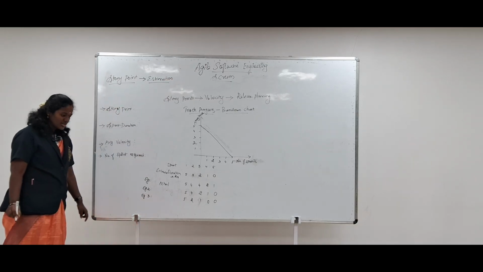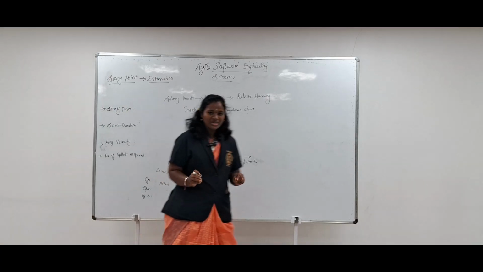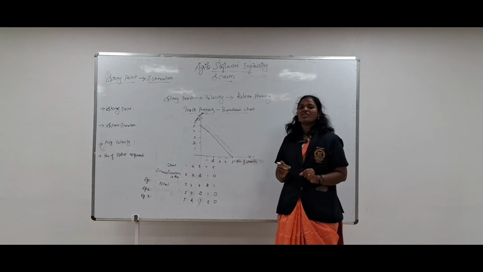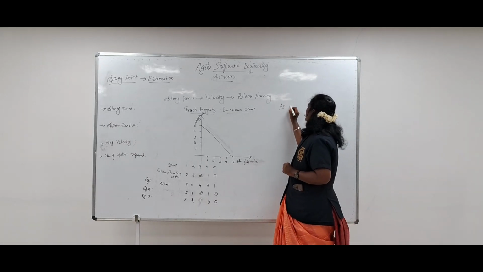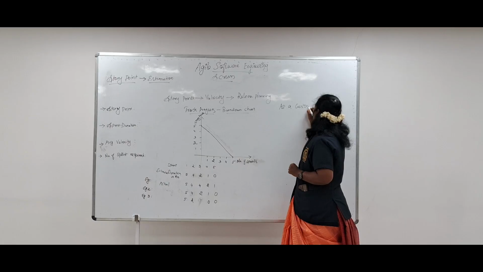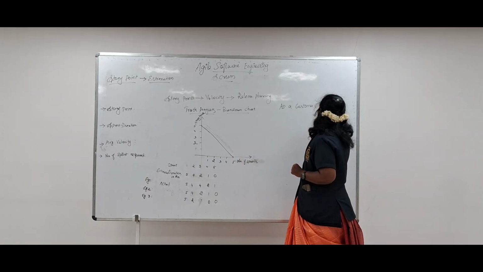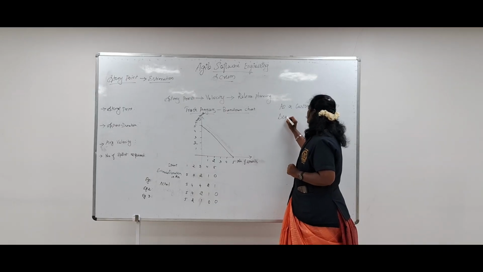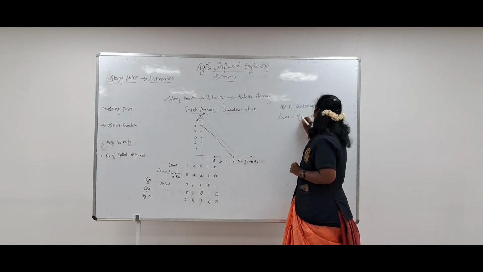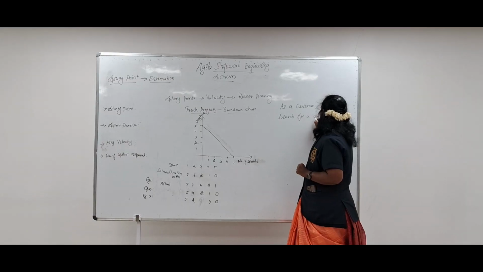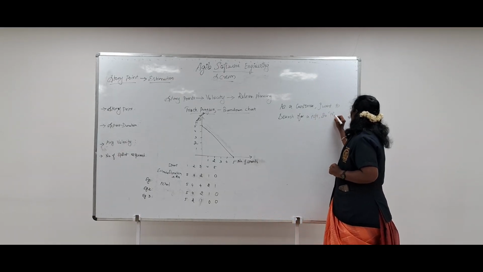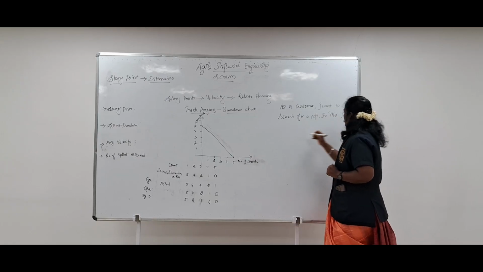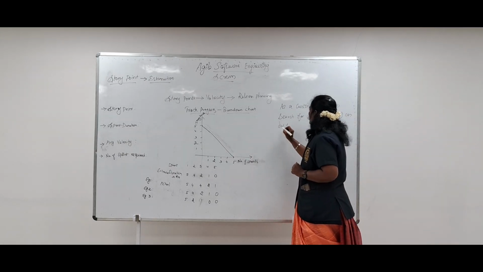Story point estimation means that each requirement, each user story, must have certain story points. For example: as a customer, I want to search for a product so that I can buy the product.